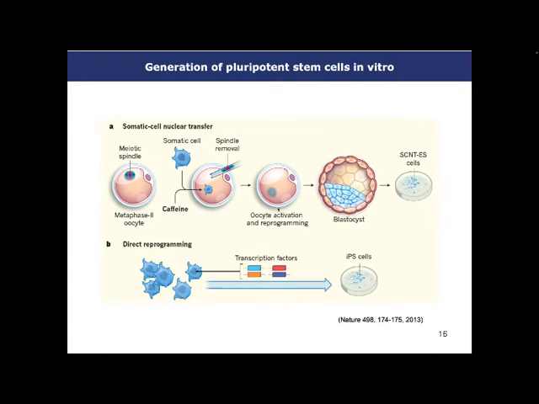So Shinya Yamanaka considered a totally different strategy. By expression of transcription factors, we may be able to reprogram these somatic cells into pluripotent stem cells.